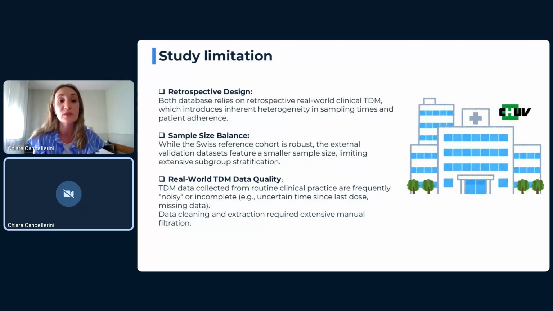Second, the Swiss cohort was robust, but the external validation cohort, specifically the VAMS dataset, is smaller, and this can limit our ability to run deeper analysis at this stage. And third, as I mentioned earlier, the high impact of covariates like pregnancy and drug-drug interactions is still being investigated.